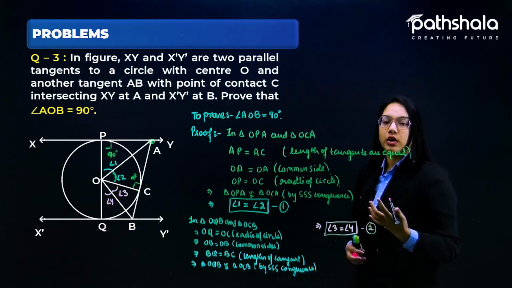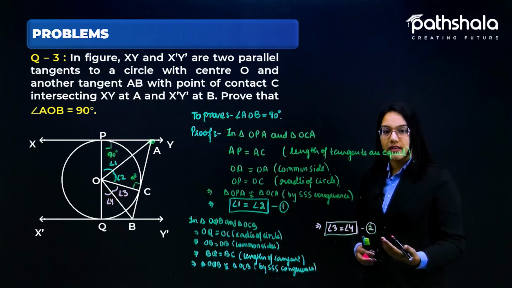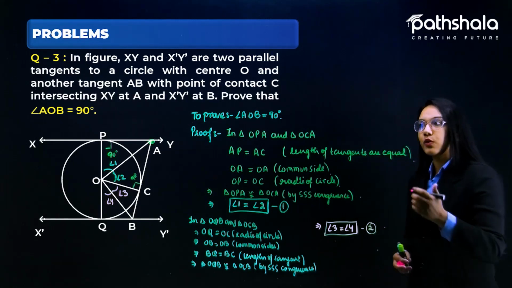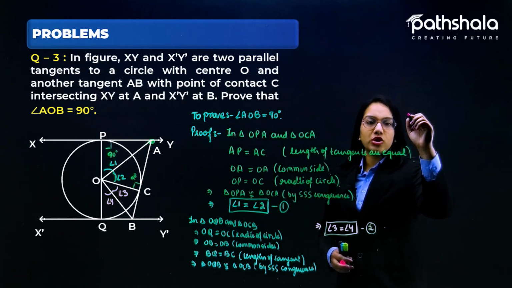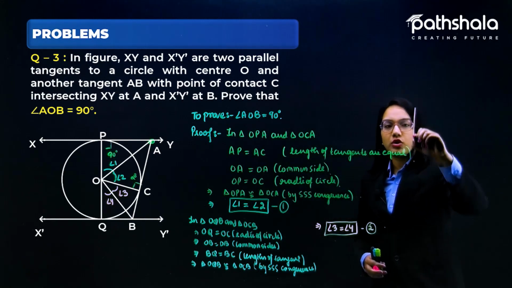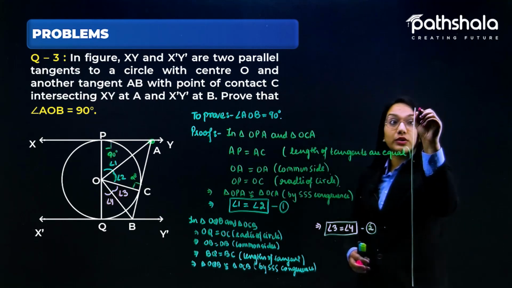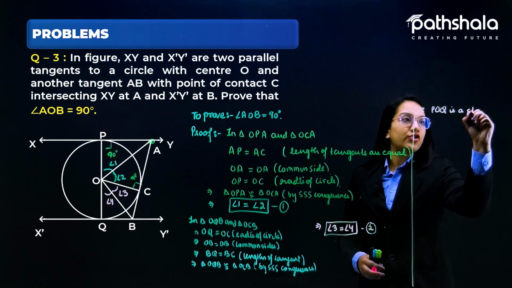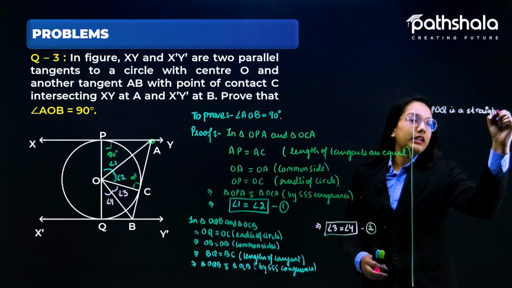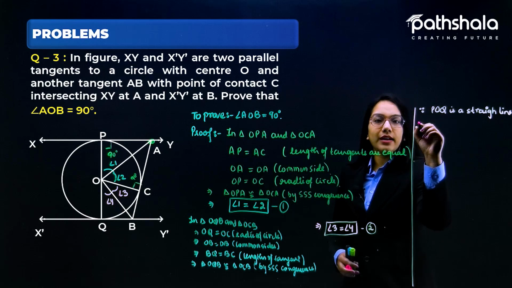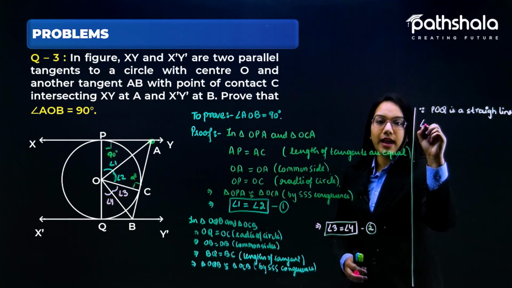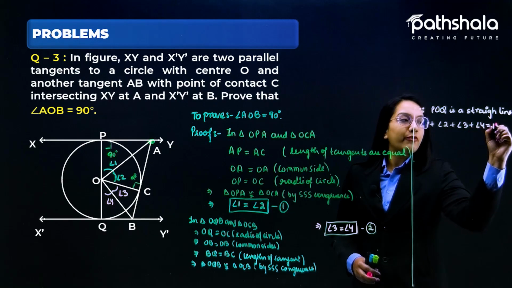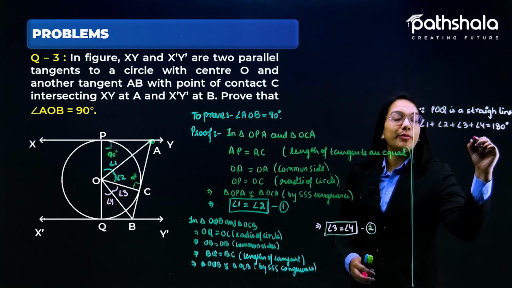Now furthermore, we know that POQ is a straight line. Since POQ is a straight line, it definitely means that angle 1 plus angle 2 plus angle 3 plus angle 4 form an angle of 180 degrees, because they form a linear pair.